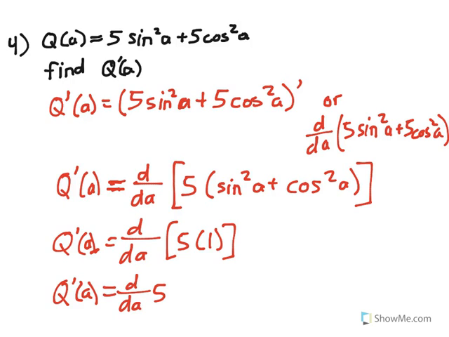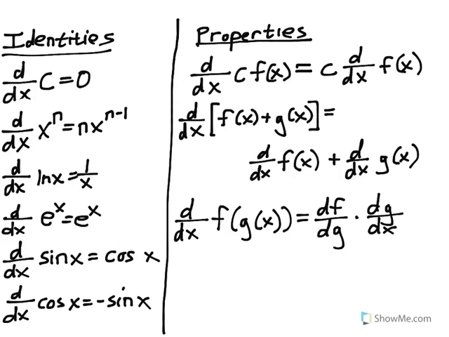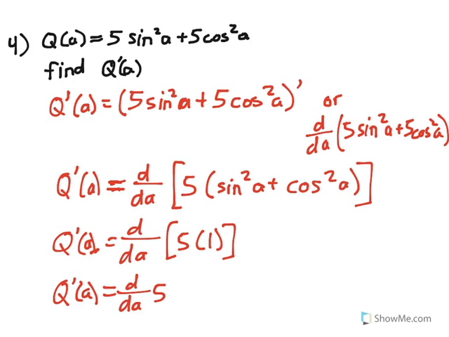Now we've got it down to the point where it's as simple as we can get. Let's check our identities. 5 is a constant, so this identity will apply. We'll get rid of the derivative symbol using this identity, and the derivative of a constant is 0. So we started with this whole complicated function up here, and it turns out to be that really simple solution.